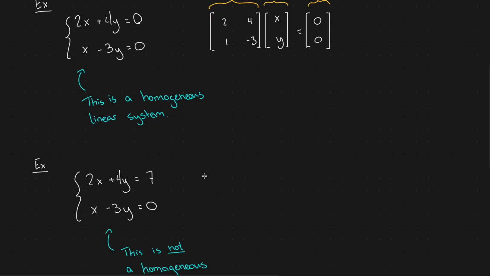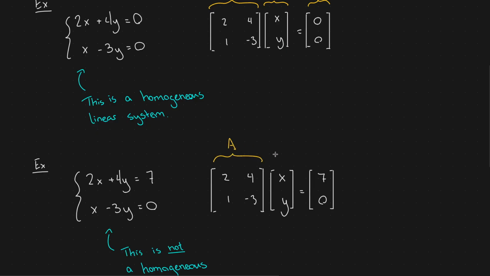If we write this as a matrix equation, we have the same coefficient matrix, same variables x and y. But on the other side of the equation, our vector b is not just the zero vector, it's the vector 7, 0. So we have Ax equals some non-zero vector b. And so that's why the equation is not homogeneous. We have something that's not 0 on this side of the equal sign.